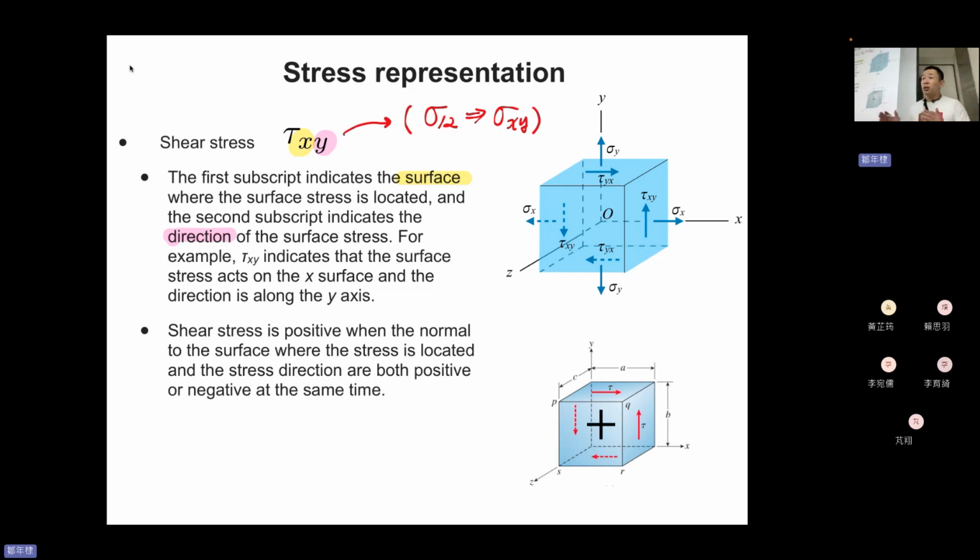The axes they lie along are not parallel. So there must be a shear. You can tell it is a shear stress from the subscript.